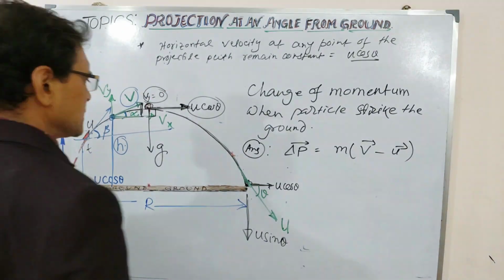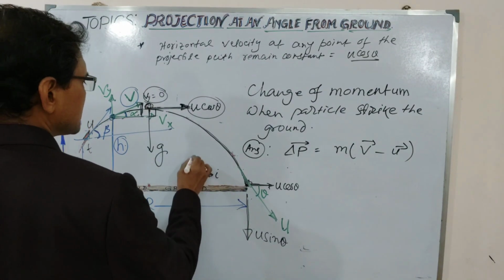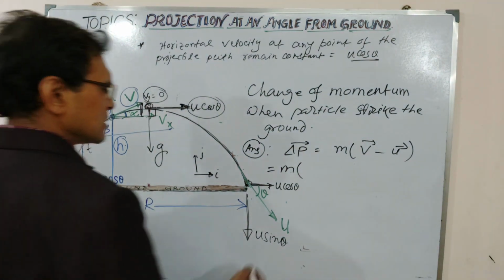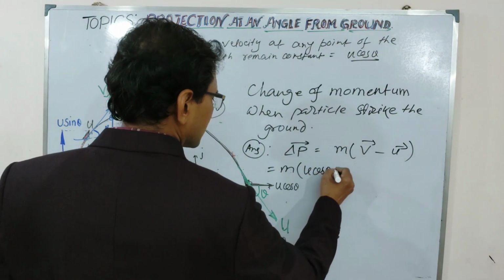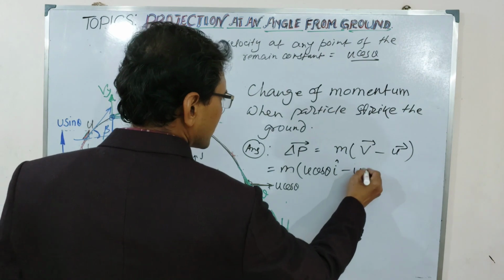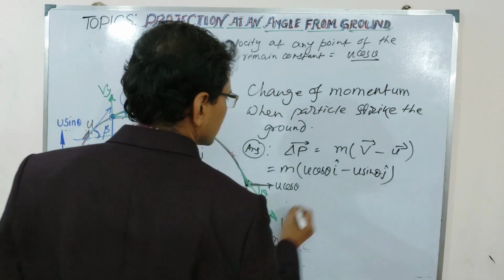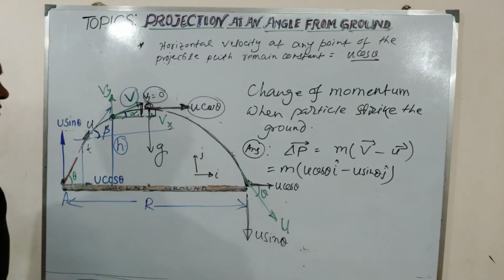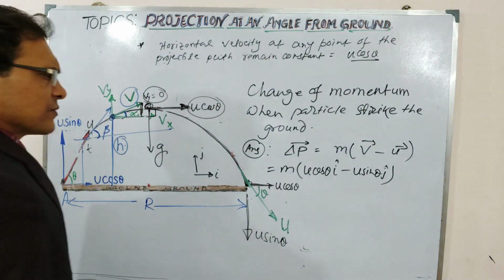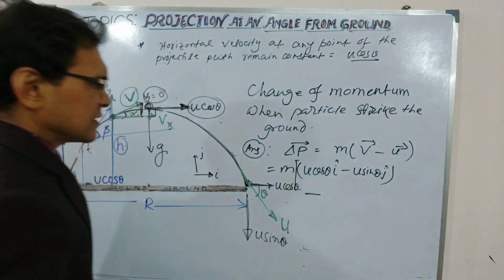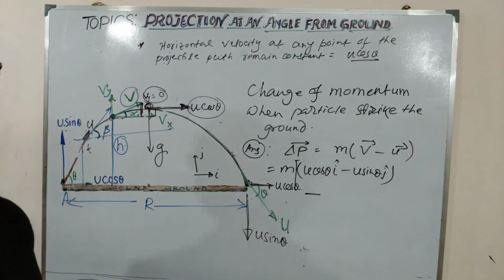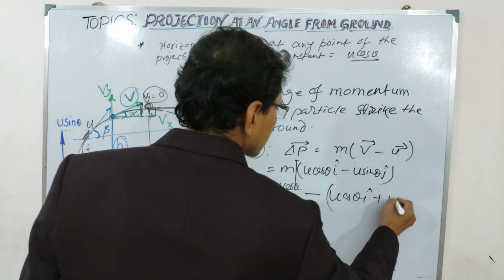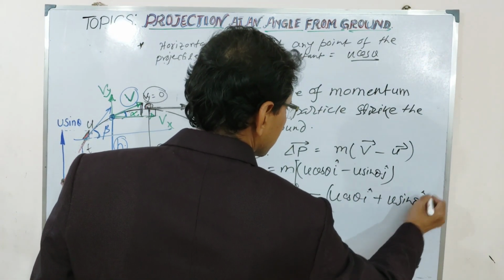So this is unit vector i, along this is j. So final velocity becomes, in terms of vector quantity, u cos theta i minus u sin theta j. Why? Because we take j in this direction. So in this direction, unit vector will be minus j, minus initial velocity, minus u cos theta i plus u sin theta j.